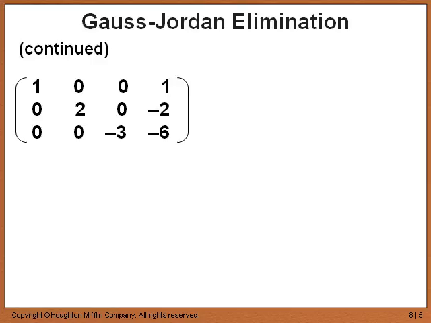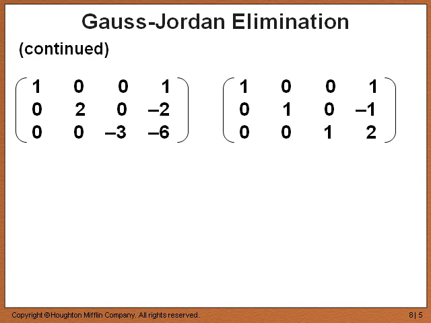The very last step is to get 1s in that diagonal, and to do that I multiply each row by the appropriate constants. Row 1 stays the same, row 2 gets multiplied by 1/2, and row 3 gets multiplied by -1/3.